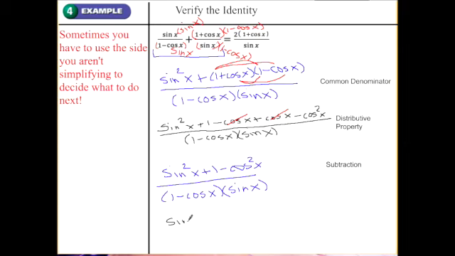So let's pop that in there, with a plus sign in between them, because 1 minus cosine squared is sine squared, all divided by 1 minus cosine times sine. And that is the Pythagorean identity.